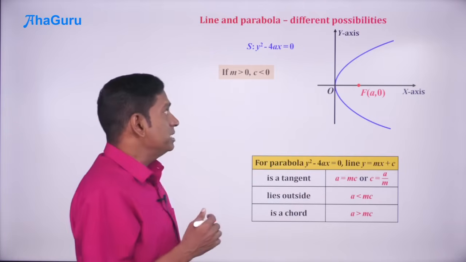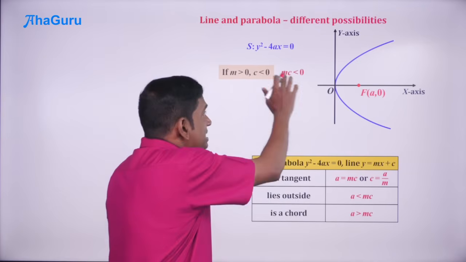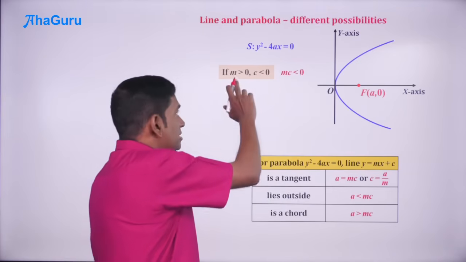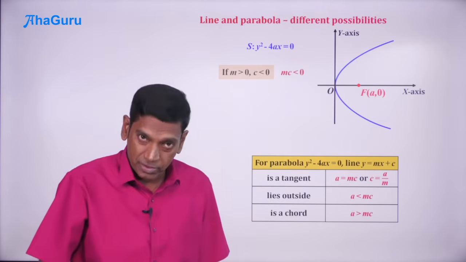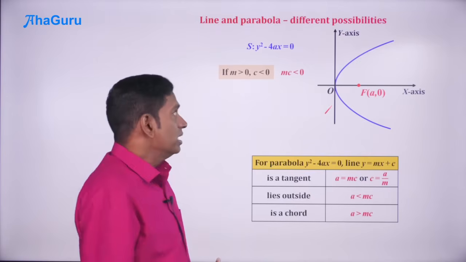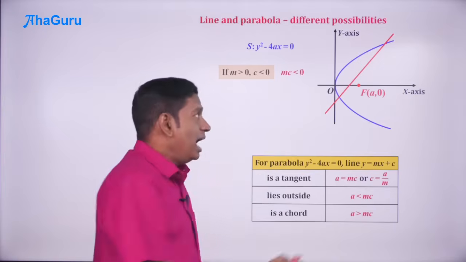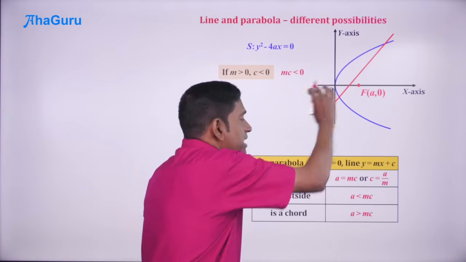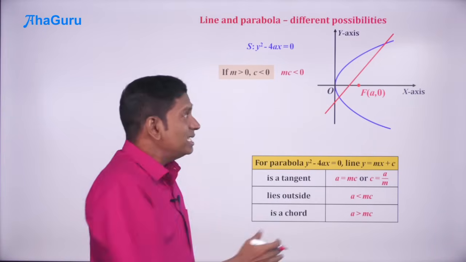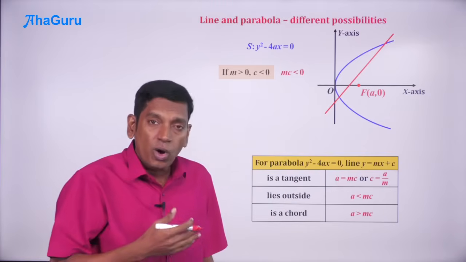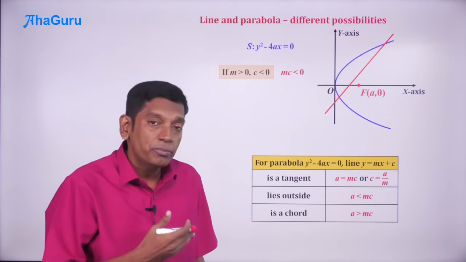That means mc is definitely less than 0 because one is positive, one is negative. Now a line like that would look like this. Slope is positive and y-intercept c is negative. You can see that such a line will obviously be only a chord to the parabola.